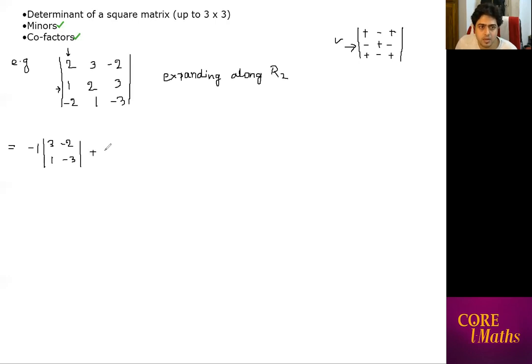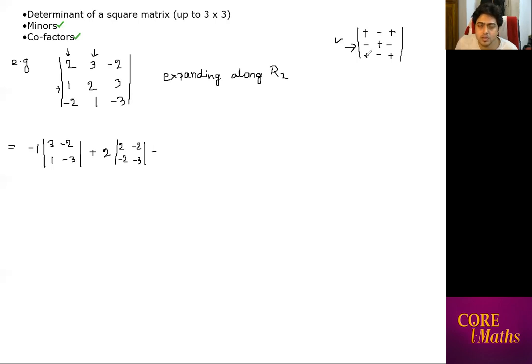Plus 2 into its minor; as the sign here is plus, I have not written it. Omit the second row and second column. The elements are 2, minus 2, minus 2 and minus 3.